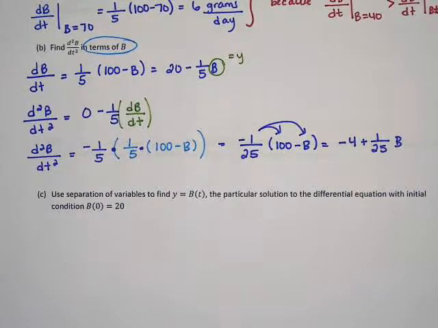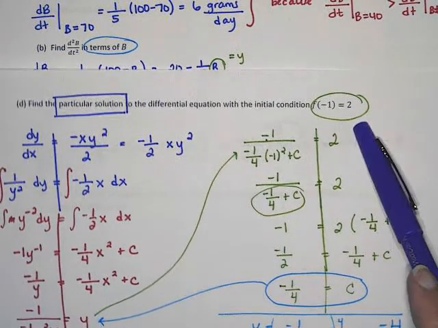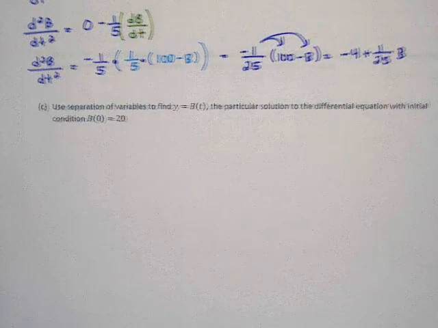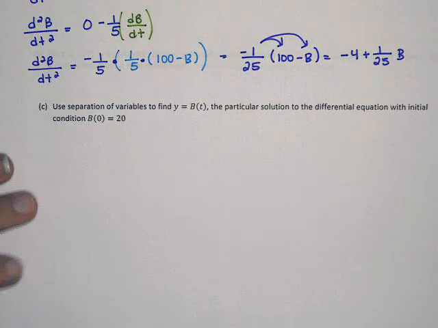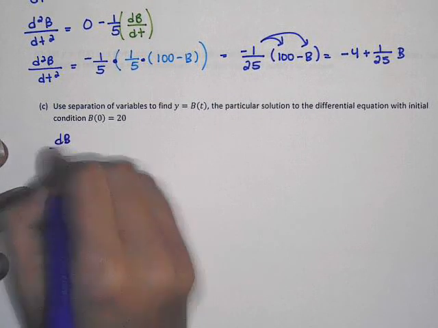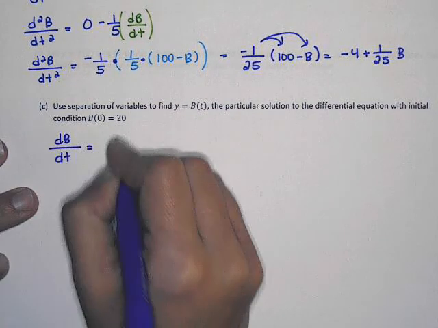Last thing, use separation of variables to find b of t, the particular solution. So just like when we read this example here where it said finding the particular solution with this initial value, we're going to be finding this particular solution with that initial value using the separation of variables technique. So here's how I know I need to separate the variables. Not only does the directions tell me to do that, but also there are two variables.